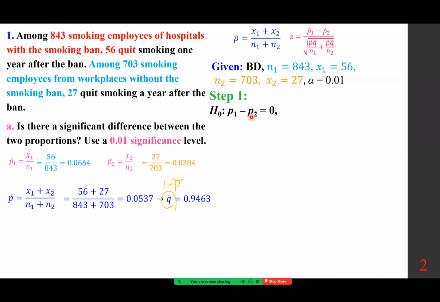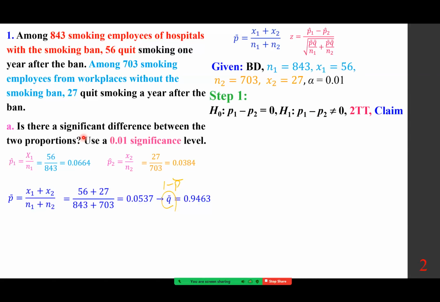So let's read the question. Is there a significant difference? That means not equal. And that makes it a two-tail test. And since we are working on that, we're going to set that as a claim.